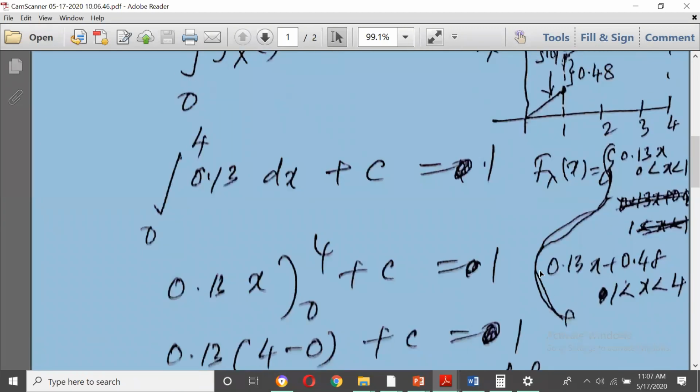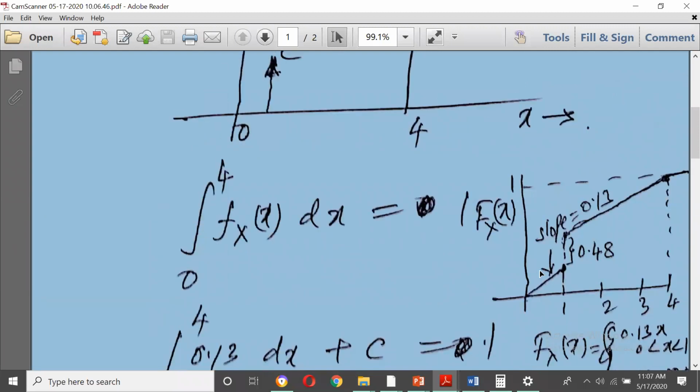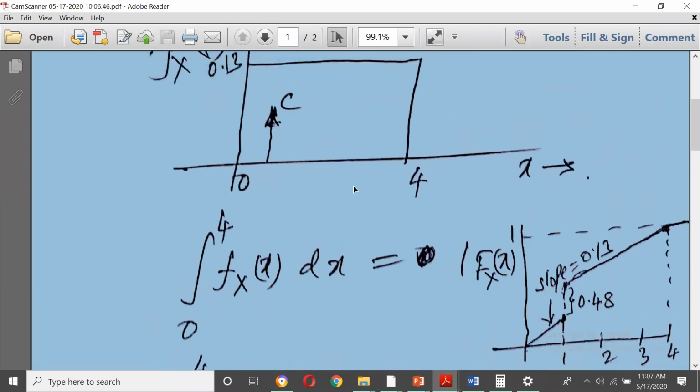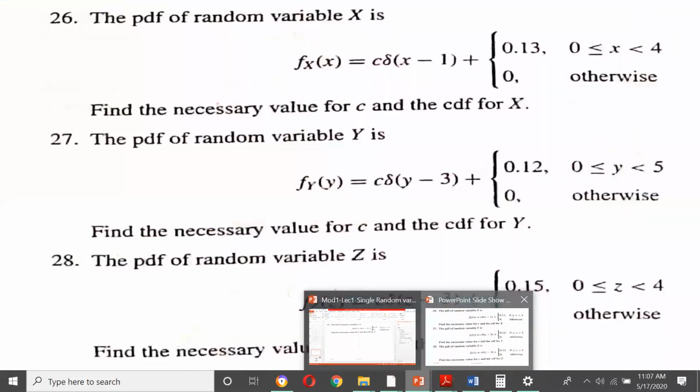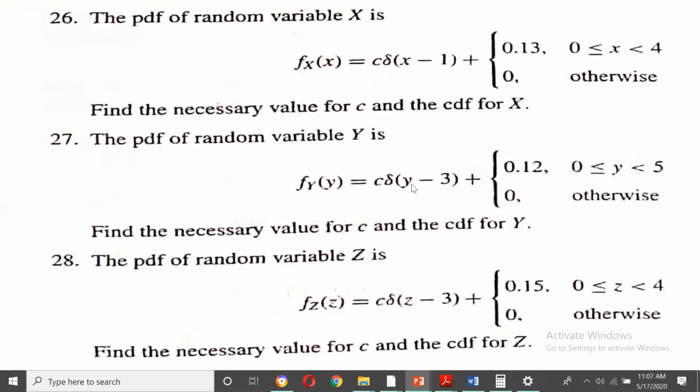So once having found the value of c, please remember that it corresponds to the discontinuity value over here. So again, if you want to plot the value of f, then what will happen? c is occurring at y equal to 3. If you remember, if you just see this expression, c is occurring at y equal to 3.